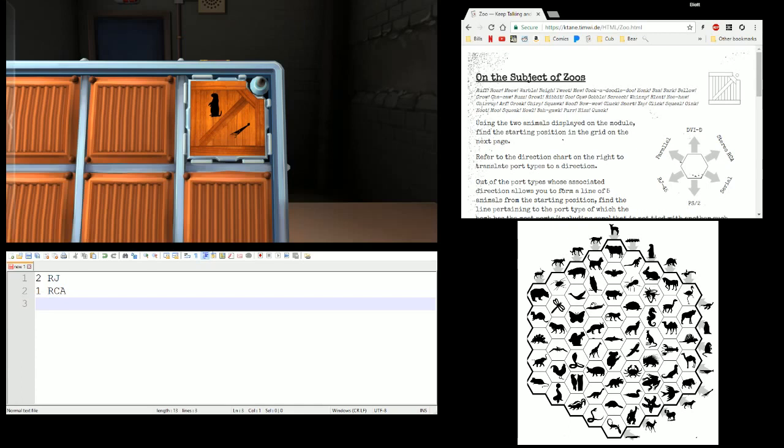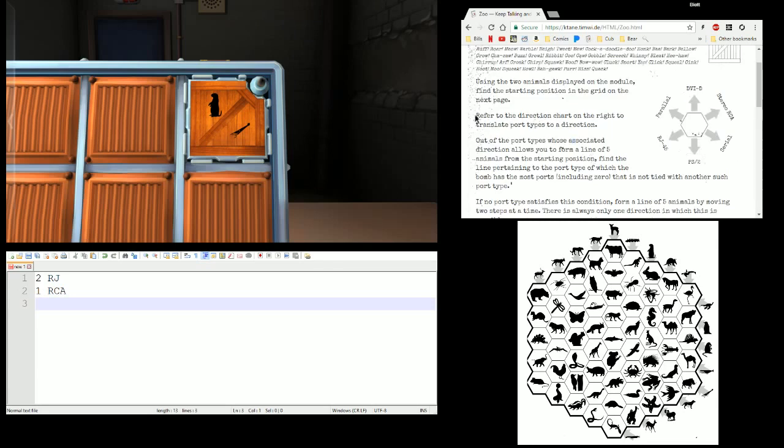So I'm going to use the terms that the module itself uses internally, though there's no need for you to use those. I'm just going to use them so that I'm consistent in my descriptions. As you play, you'll come to some sort of agreement over what a creature looks like, which may differ from what the module itself thinks it is. So in this case, we have a groundhog and a squid.